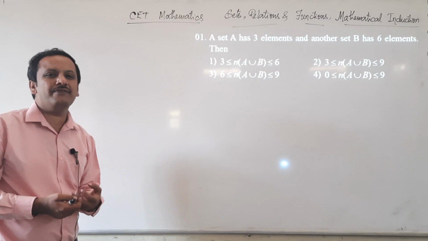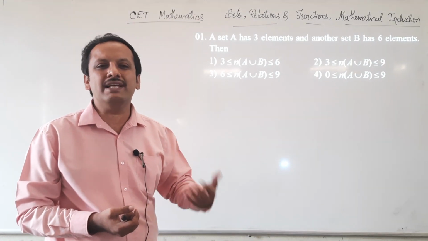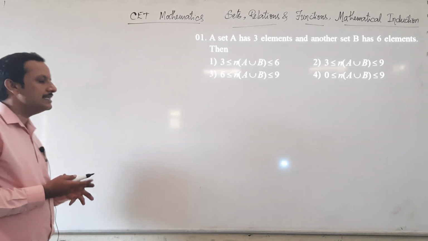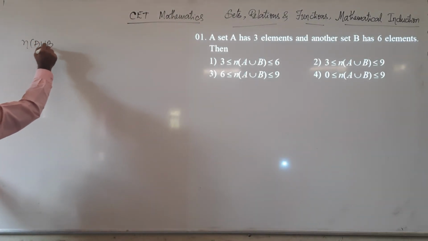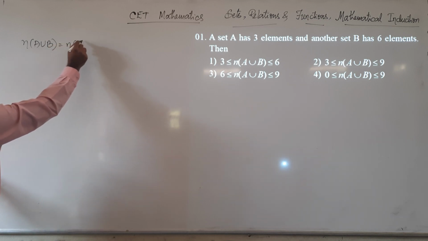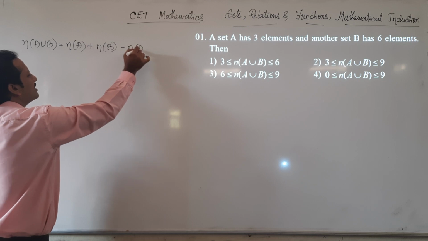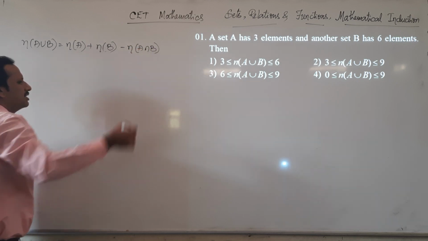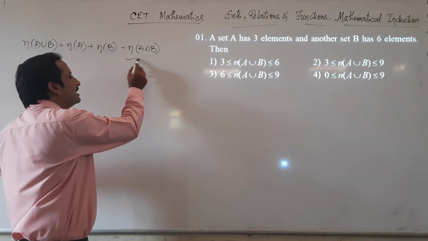Then the number of elements in their union cannot be more than the sum of those two. Okay. See, as you know this formula, n of A union B, the number of elements in A union B, is equal to the number of elements in A plus the number of elements in B minus the number of elements in A intersection B. So, n of A union B will be maximum only when this is equal to 0.